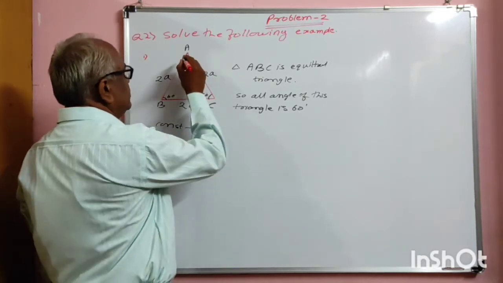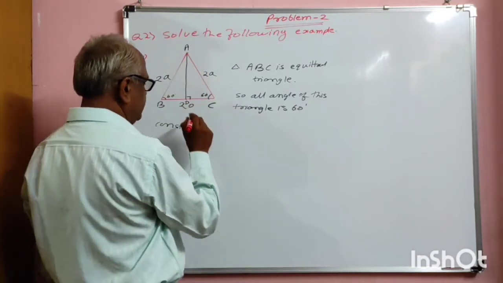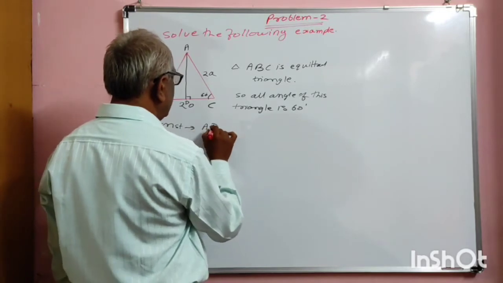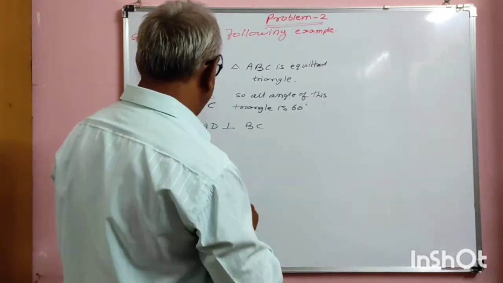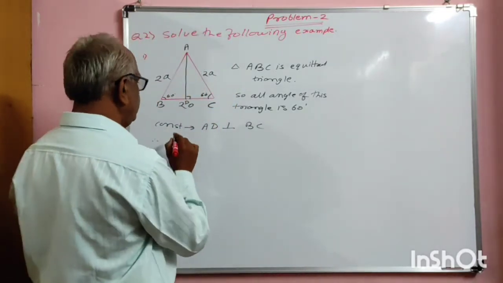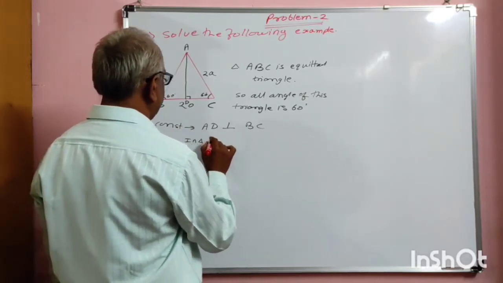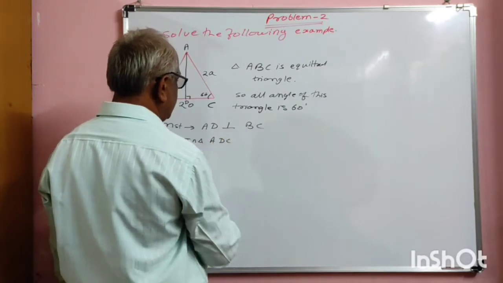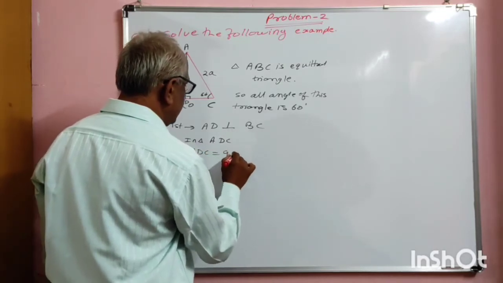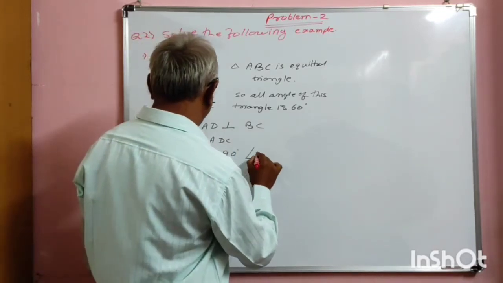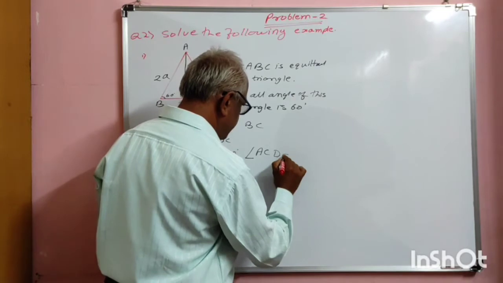Construction: draw perpendicular line AD perpendicular to BC. Therefore now here in triangle ADC, angle ADC is equal to 90 degree and angle ACD is equal to 60 degree.